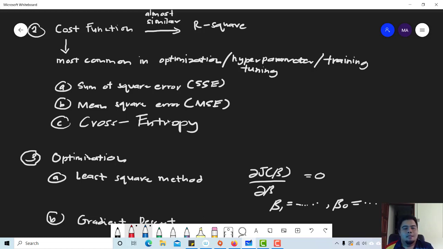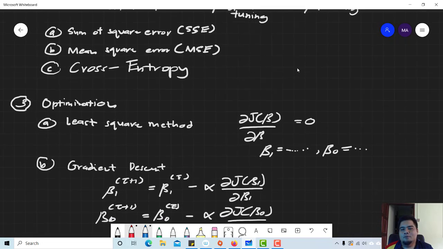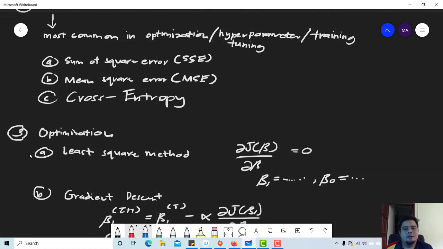And then the third topic is optimization. Here I just remind you that when you want to find the best linear model that fits your data, you have learned what we call the least square method.